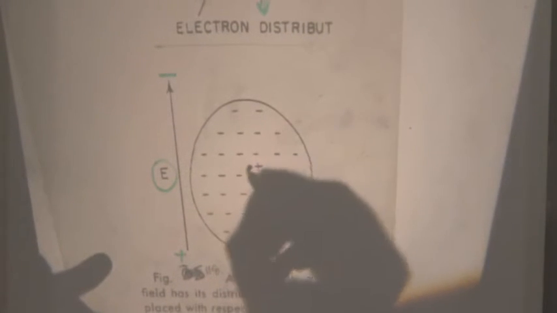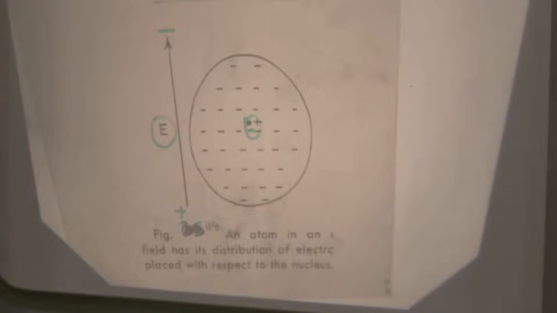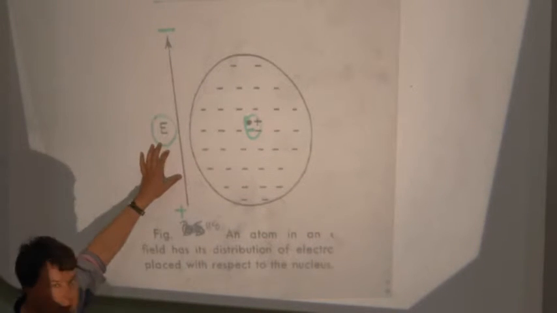It's net negative, but roughly speaking, the center of gravity of the electron cloud has got pulled towards the positive plate and the nucleus has got pulled towards the negative plate. So the whole thing behaves like a little dipole. So even if it starts out completely spherically symmetric, it becomes a dipole in the electric field.